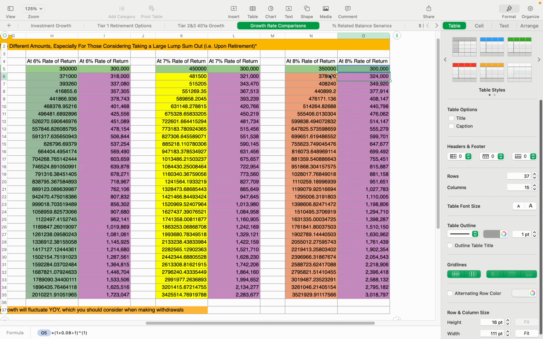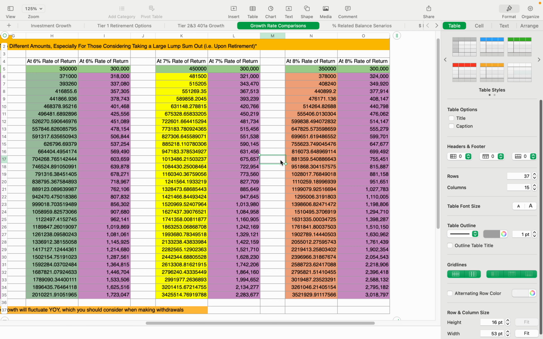Same scenario over here. So as we look at, because this is starting in cell 5, so if we go to cell 15, 16, right, that's about 10 years of investment, we're looking at $664,000, right, after this is being invested at a 6% rate of return.